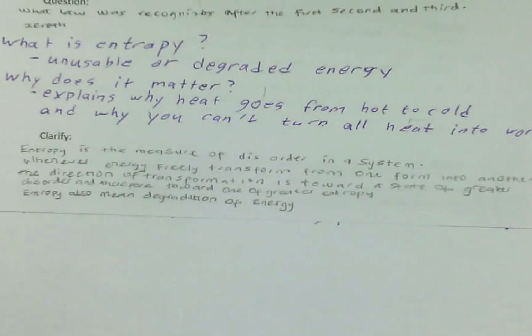So if you want a simpler, shorter version, basically, as heat transfers, it always becomes less organized, more disorganized, more degraded, less usable over time. So every time that you do this heat transfer of energy, you lose some of it. And again, it's not magically disappearing. It's just turning into a form that you can't do anything with.